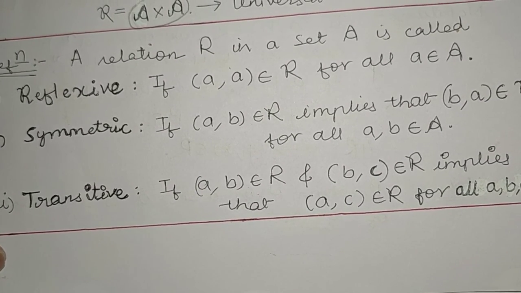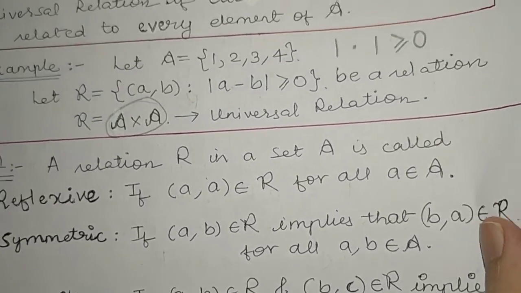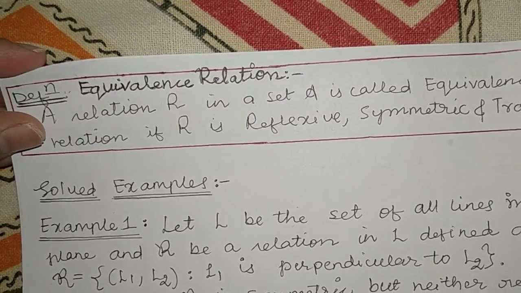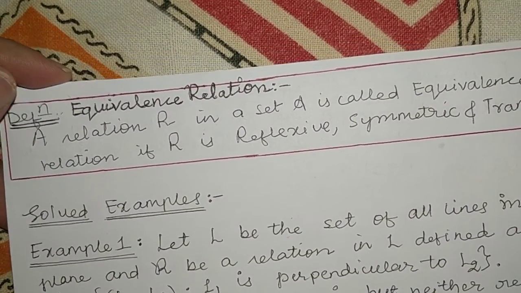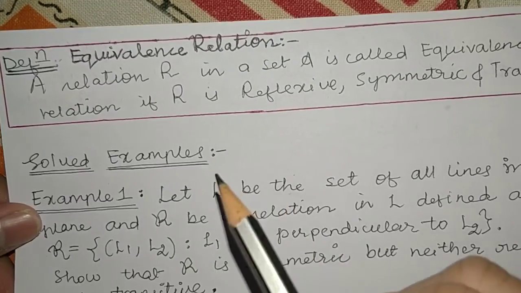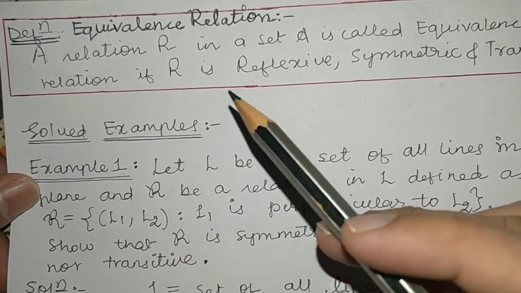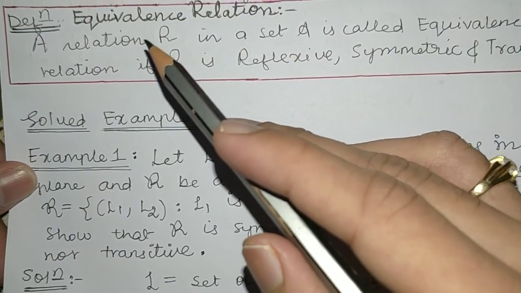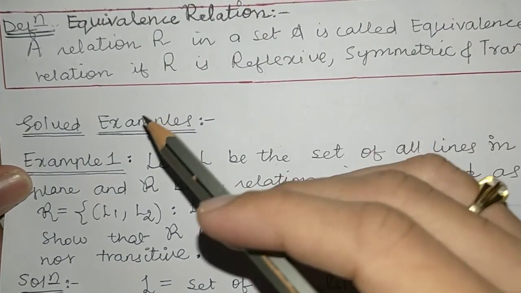Now let us go to the next definition, which is the equivalence relation. After knowing the three, that is reflexive, symmetric and transitive, now let us go to the next relation, known as the equivalence relation.